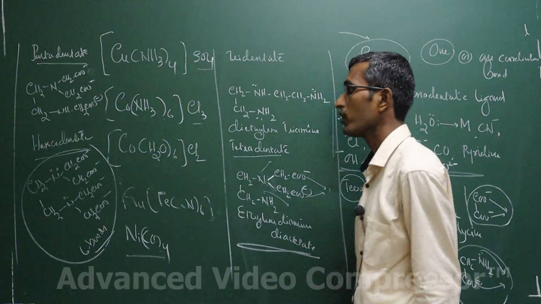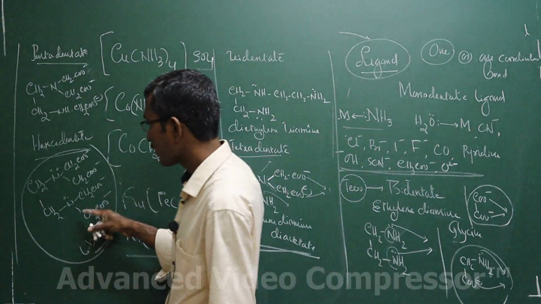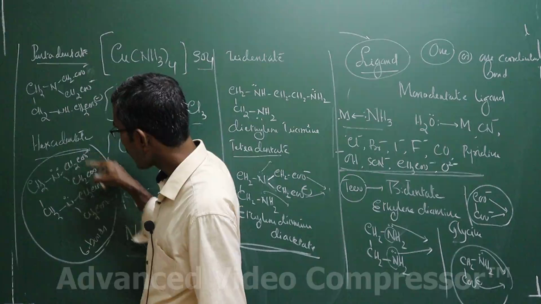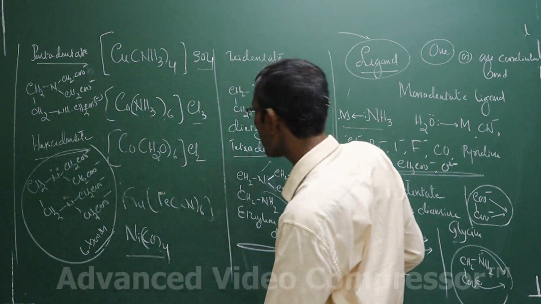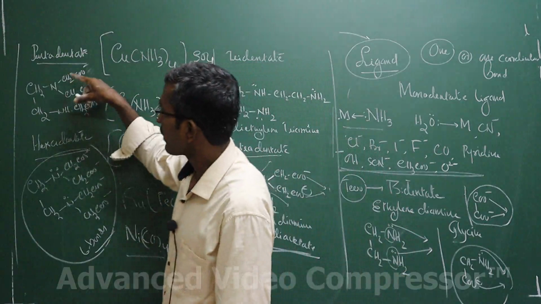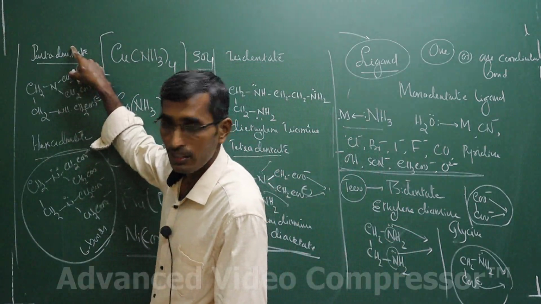So how do you name this? Ethylene diamine tetraacetate. This is ethylene diamine triacetate, and ethylene diamine diacetate. Ethylene diamine triacetate is a pentadentate ligand.